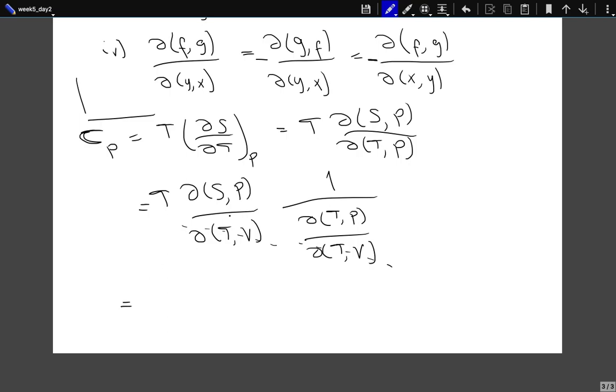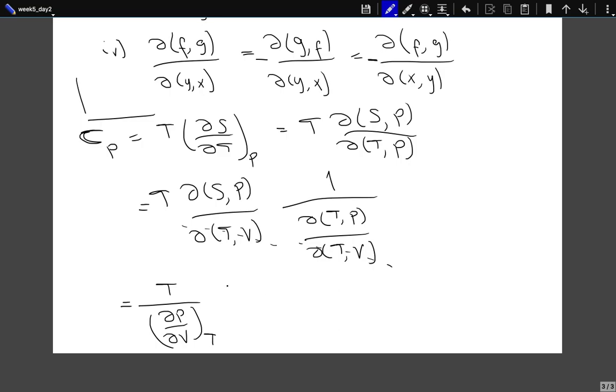Let's say the numerator is easy to write down. T is common, both in the numerator and in the denominator. So it's just the derivative of P with respect to V at constant temperature. That's the numerator.